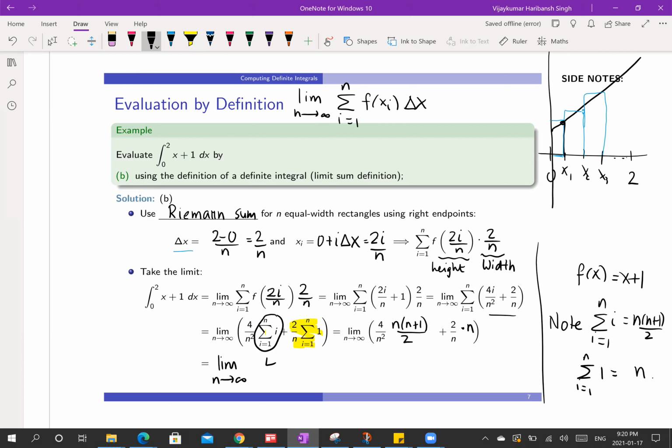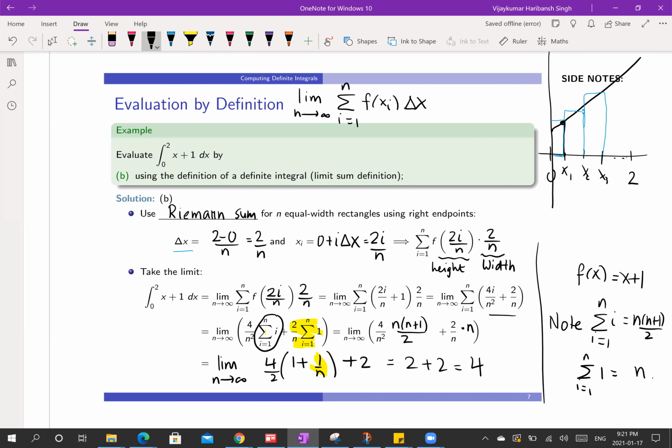So we have 4 times, one n will cancel and the other one will be 2 comes out, we have 1 plus 1 by n. And for the other one, we have 2. Now the limit as n goes to infinity of this: this part will become 0. So we have 4 by 2 times 1, which is 2. This is going to be 2 plus 2, which is 4.